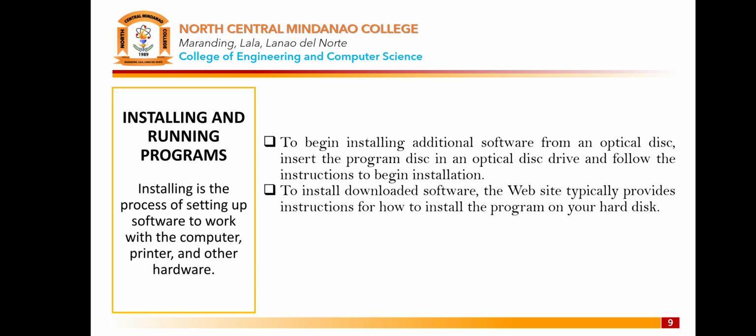But if from a store, they have an optical disc that comes with the manual you will use. The instructions in software are placed in storage media, either locally or online, especially if downloaded. When you use software that is stored locally, such as on a hard disk or optical disk, like when you buy a CD that comes with it, you usually need to install the software.